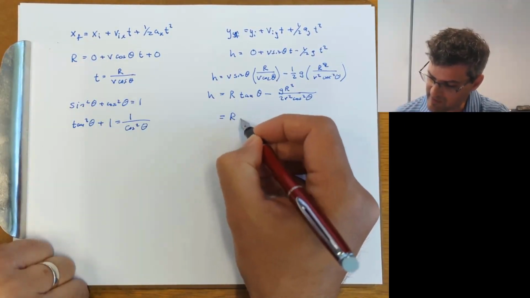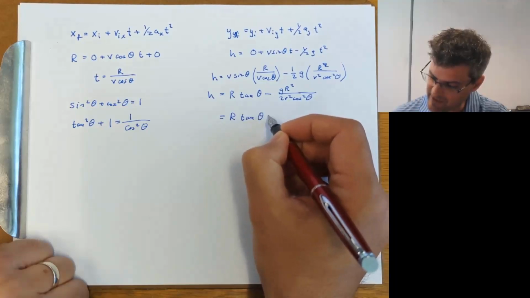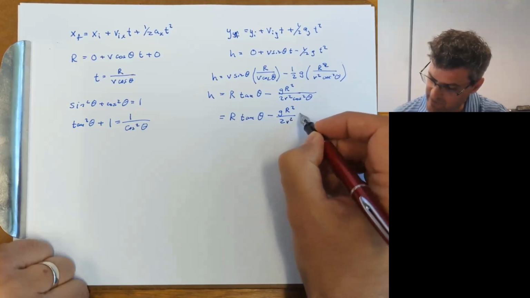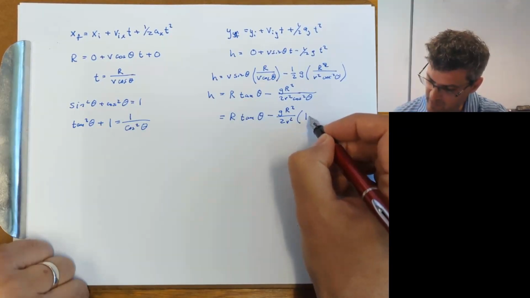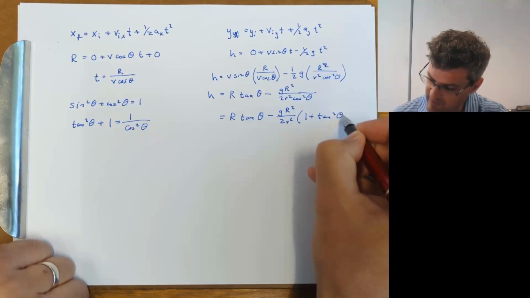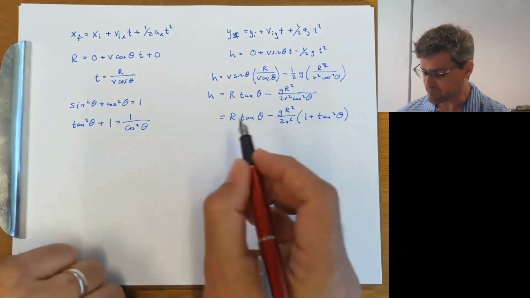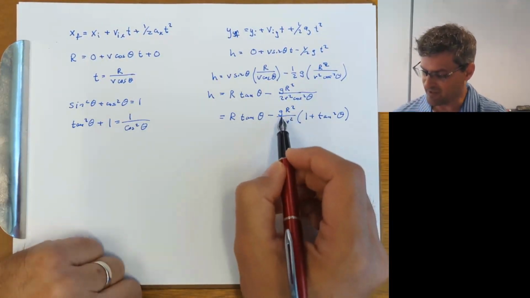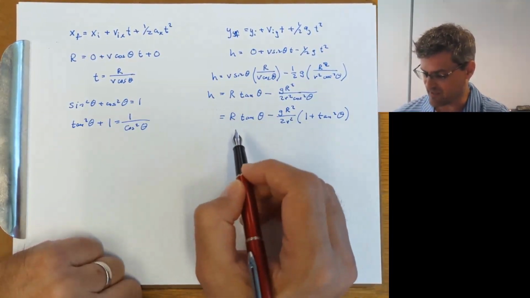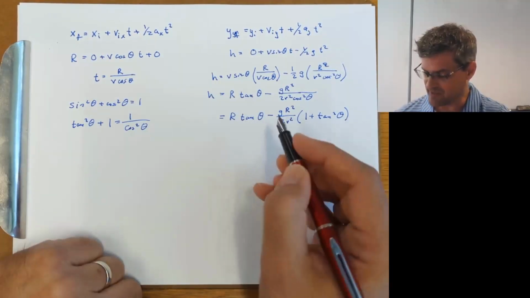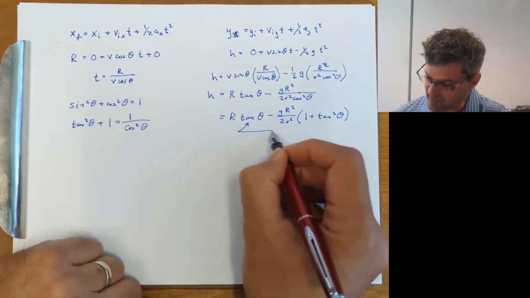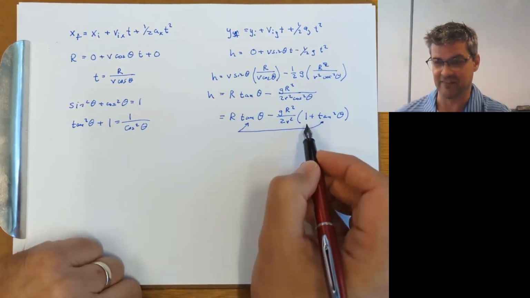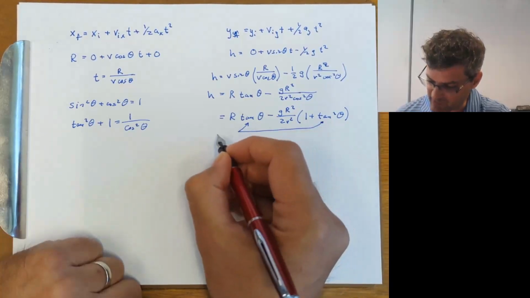Another way to write this is r tangent theta minus g r squared over 2v squared times 1 plus tangent squared theta. And what we see from this expression is even if we knew velocity, r, g, h, all of those things, and we needed to find out what theta was, we are now quadratic, parabolic, in tangent of theta. Now I could solve this algebraically.